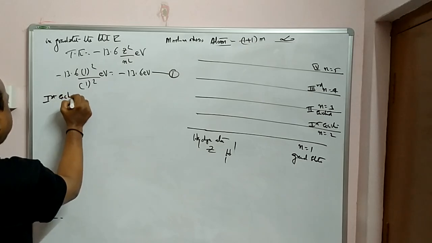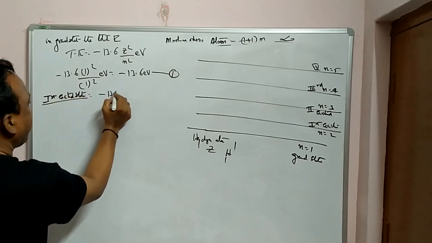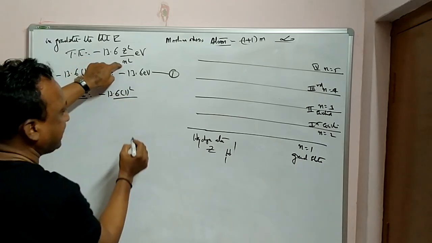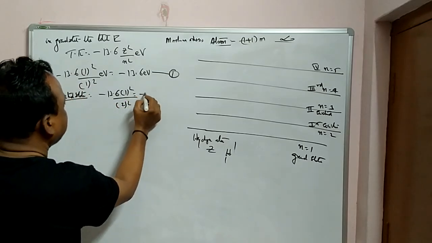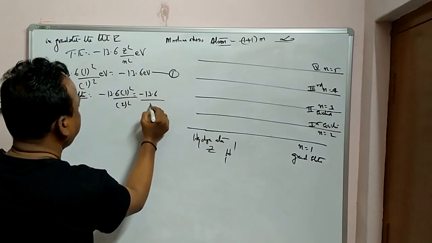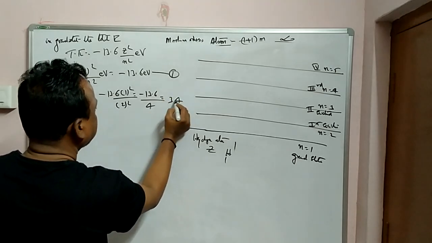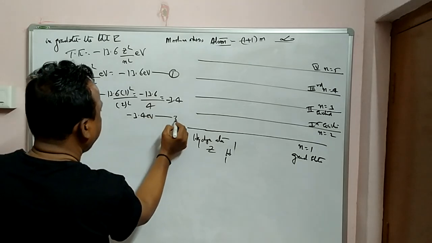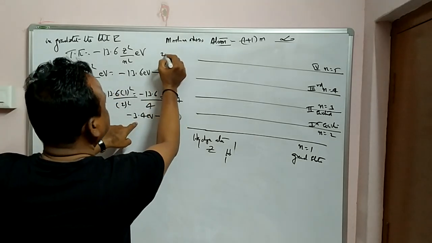Let us go to the first excited state. In the first excited state, we put the value minus 13.6 times atomic number 1 whole square by n square, where n is equal to 2. That is 2 square, so minus 13.6 by 4, and 4 3s are 12, 4 4s are 16. That is minus 3.4 electron volts. Which is greater of these two? The second is greater.